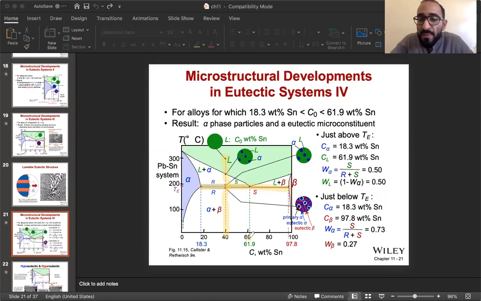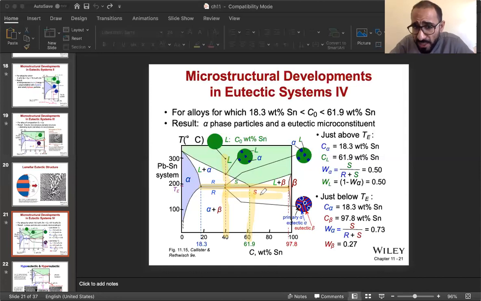If you are at the eutectic composition, the whole liquid is going to transform to alternating layer. If you are below or higher than the eutectic composition, the liquid is going to transform to alternating layer, plus you have something else in your microstructure, which is the alpha that has already been formed before this temperature.